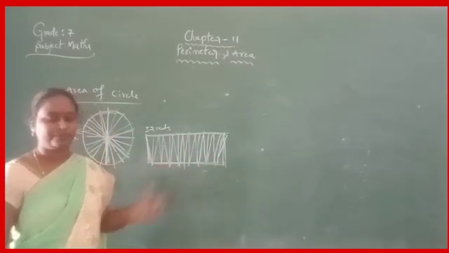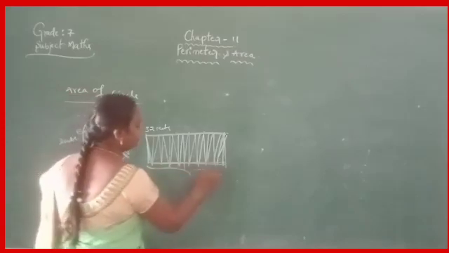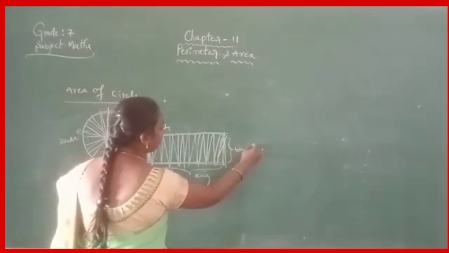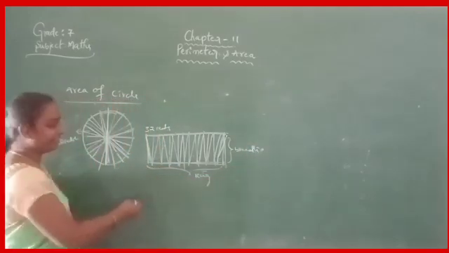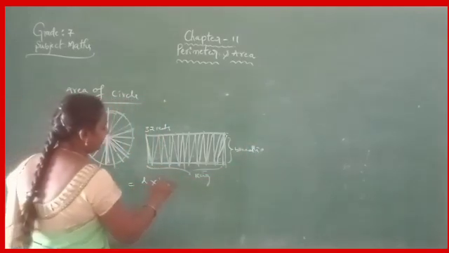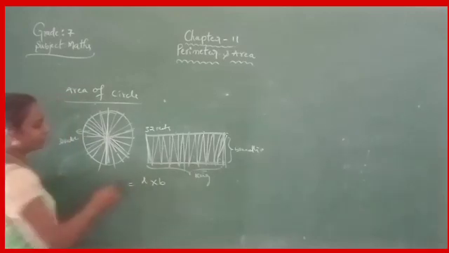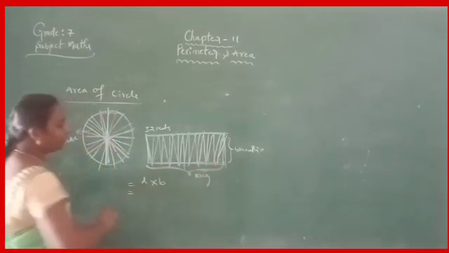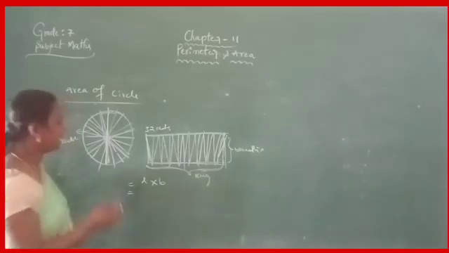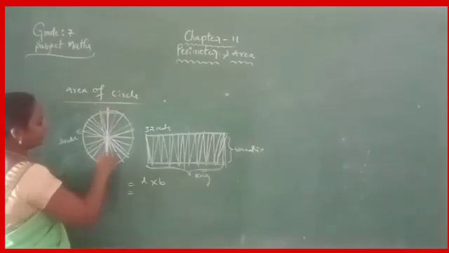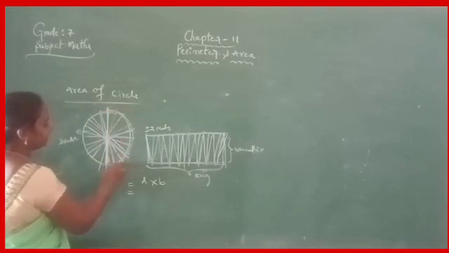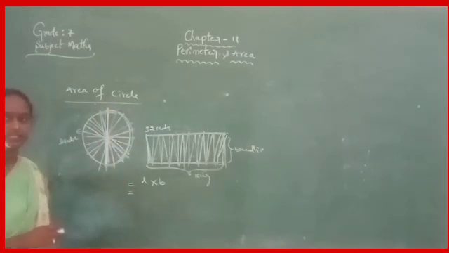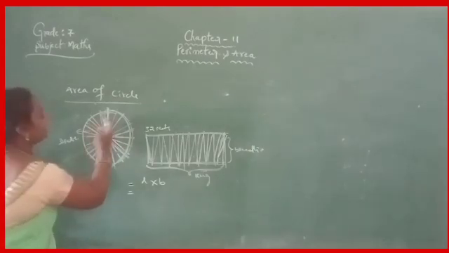a rectangle is formed. The rectangle has a length and a breadth. The area of the circle is equal to the area of the rectangle. Here the length of the rectangle is equal to half of the circumference. This is half of the circle, yes?